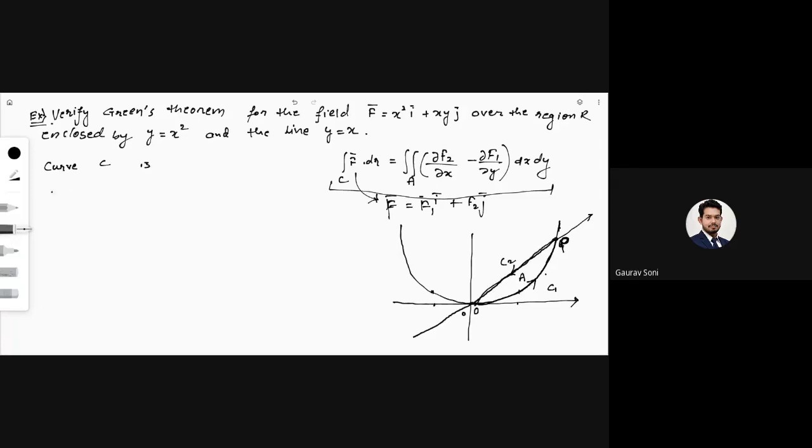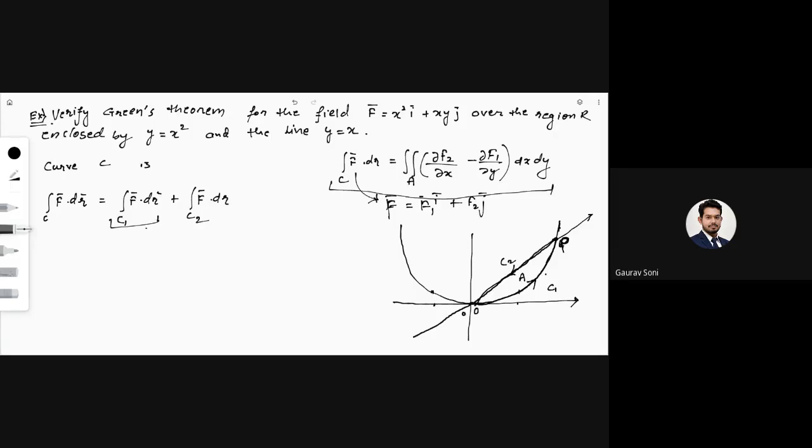So the line integral over C of f bar dot dr bar will be equal to the line integral over C1 of f bar dot dr bar plus the line integral over C2 of f bar dot dr bar. So that will give us the complete curve.